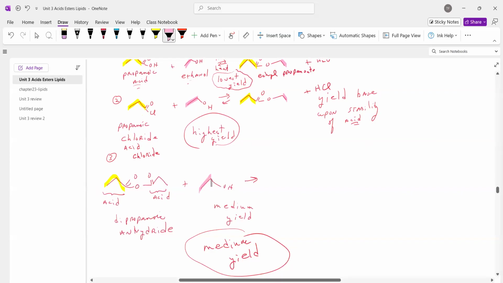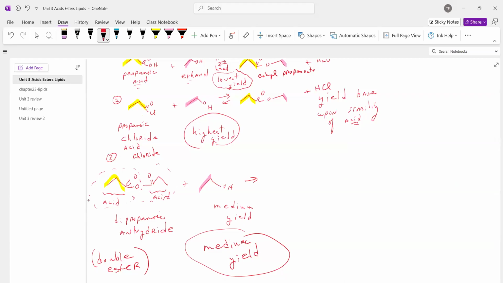Now we're going to use something called the anhydride. And what an anhydride is, think of it as a double ester. As if we look at this here as an ester, and we look at this as an ester. So two esters kind of coupled to the one oxygen atom there.